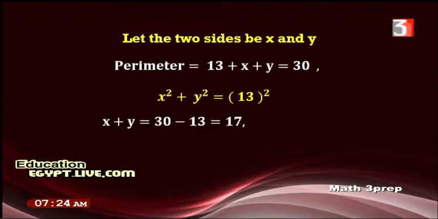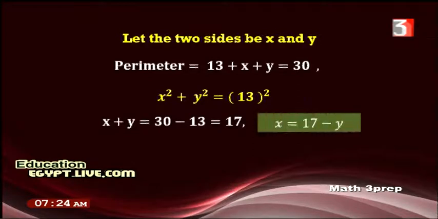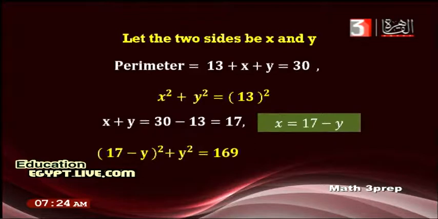From the perimeter, you can find that x plus y equals 30 minus 13 equals 17. And here you can find either the value of x or the value of y. Why? Because both of them is of coefficient 1. If I find the value of x equals 17 minus y, and by substituting with this value of x in the second degree equation, you are going to obtain a result as 17 minus y all to the power of 2 plus y to the power of 2 equals 13 to the power of 2, which gives 169.